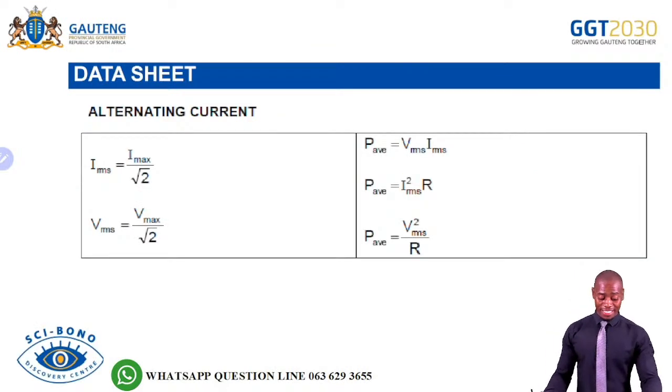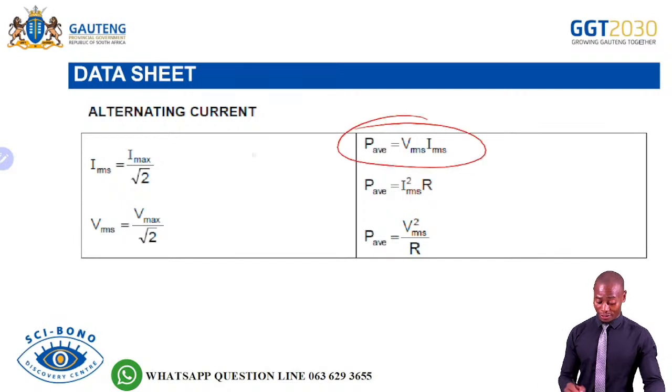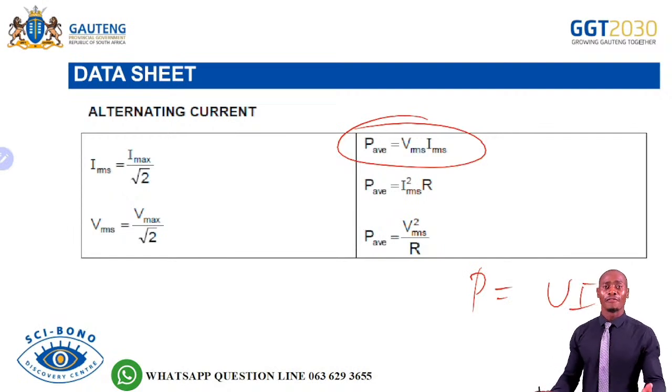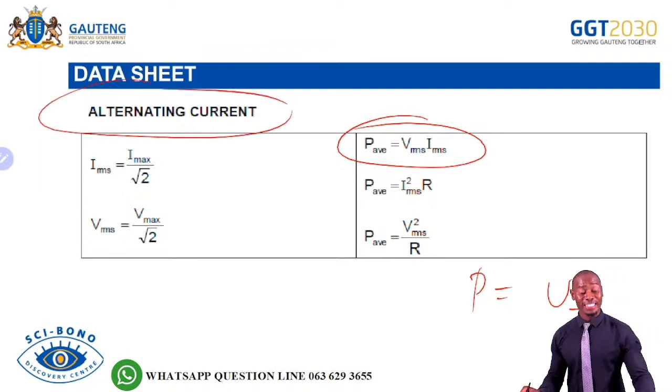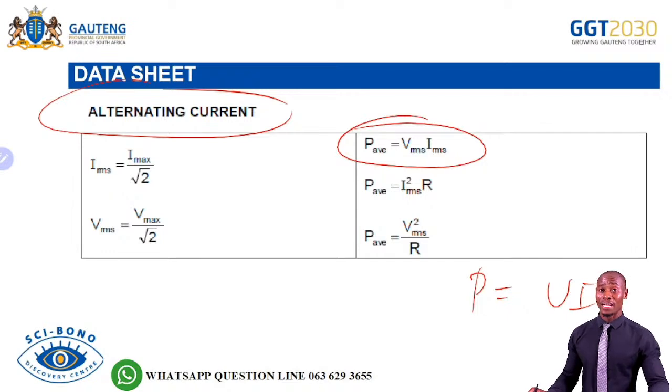Then alternating current. This is your data sheet, learners. We have seen learners using incorrect equations when it comes to electrodynamics. For example, if you check this equation, it's different from this one, learners. It's not the same, although we are going to get the same answer. But for electrodynamics, we use equations under alternating current.